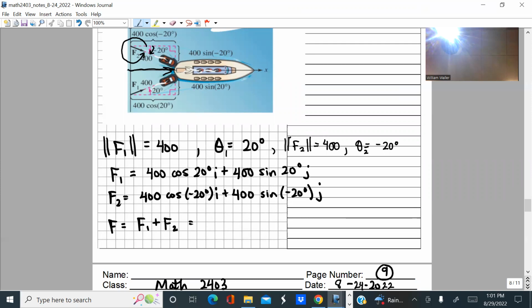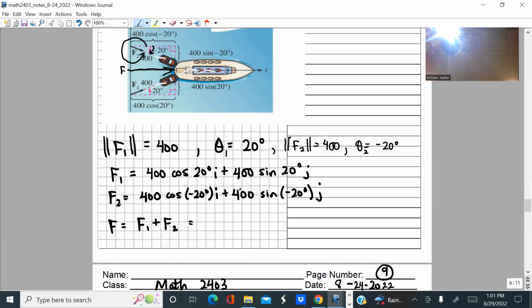The resultant force on that tanker is just the sum of the individual force vectors. So all we have to do is add together F1 and F2, and that gives us the total force acting on the tanker.